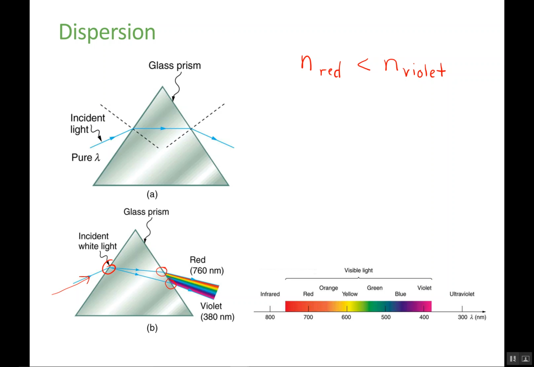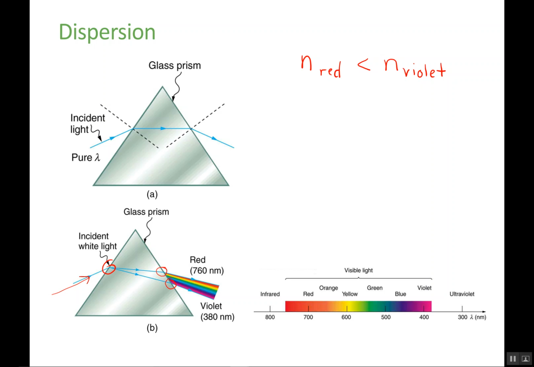And you see a rainbow. This phenomenon is occurring when you see a rainbow during or immediately after a rain shower, except instead of triangular glass prisms, you have spherical water prisms, raindrops, that are causing this phenomenon.